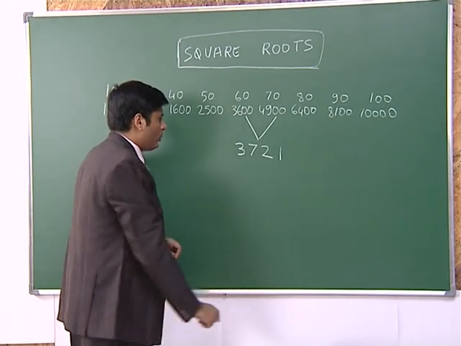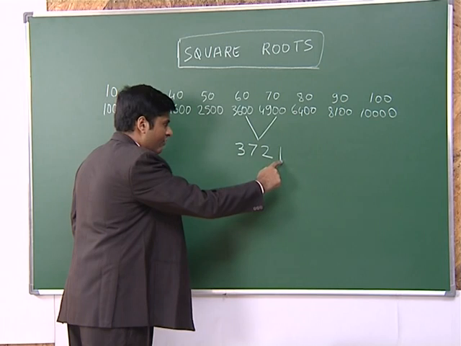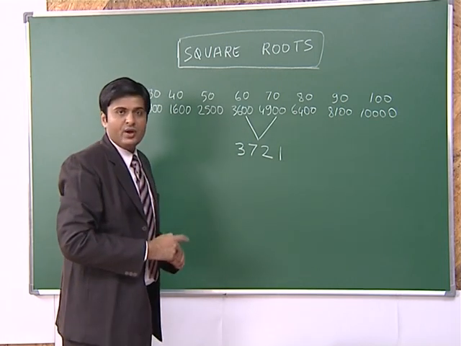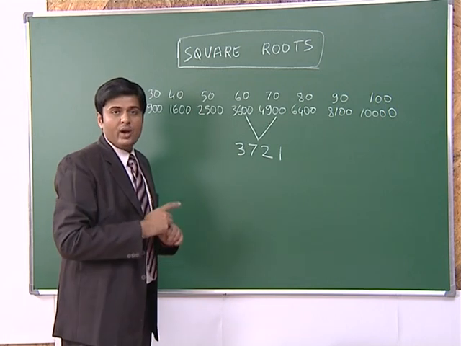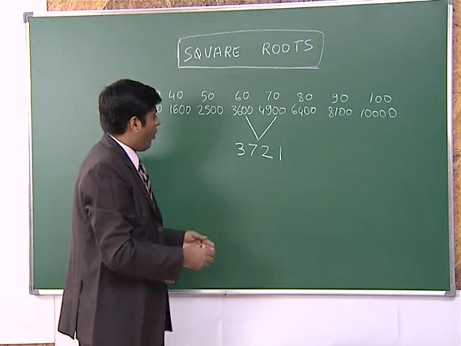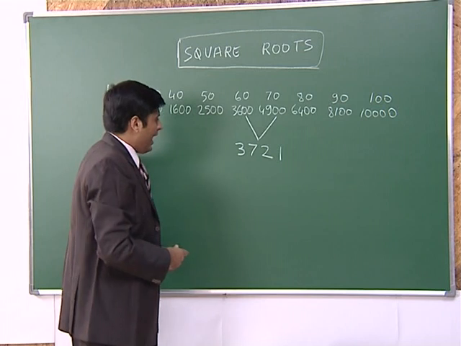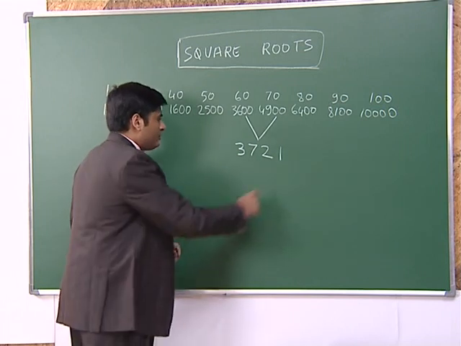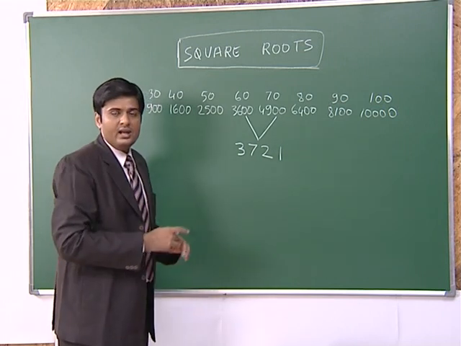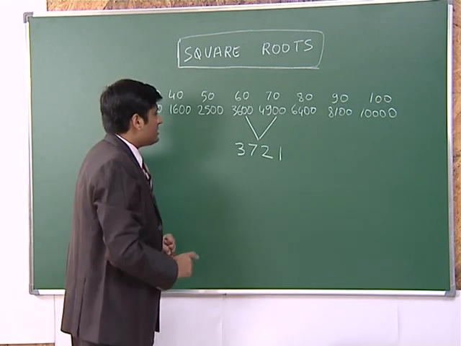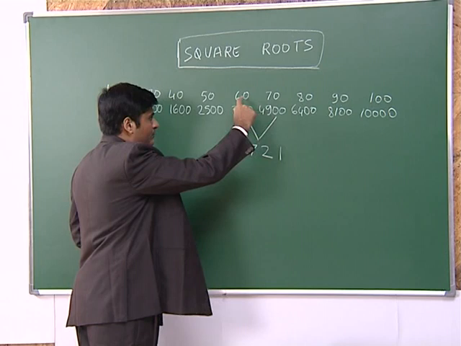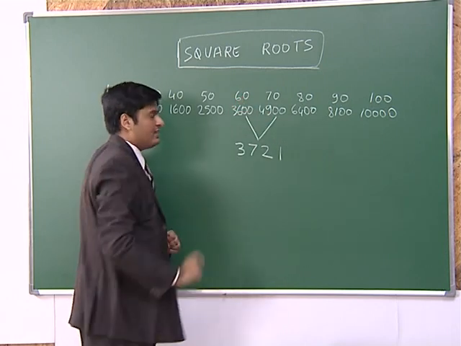We also know that the number ends in 1, and we just saw in the key that if the number ends in 1, the square root ends in 1 or 9. That means the answer of this is also between 1 and 9. So what do we observe? First, we know that our answer is between 60 and 70.